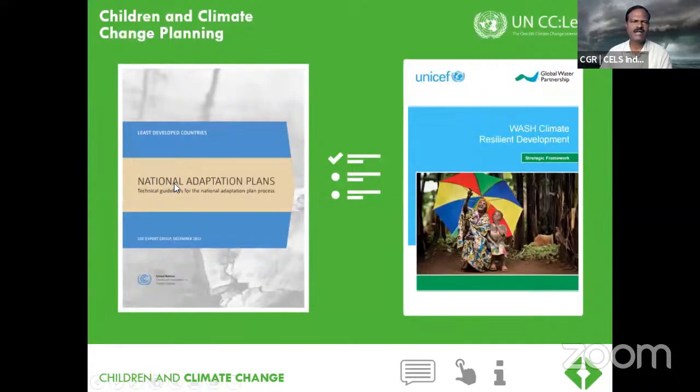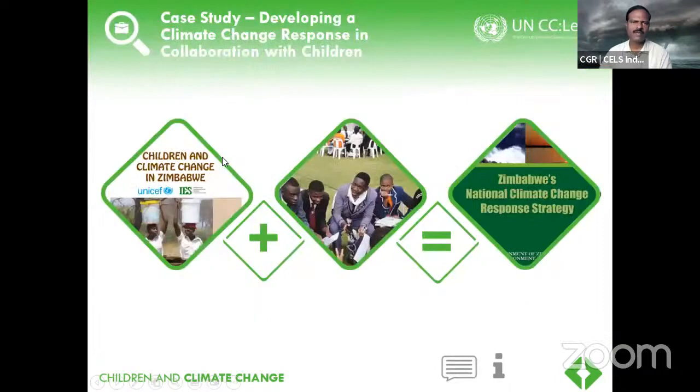We have the national adaptation plan, but not all countries are building a national adaptation plan. Within that, WASH is very important, water and sanitation especially. And UNICEF has developed a document on this, WASH climate resilient development. Then children and climate change in Zimbabwe, one example.